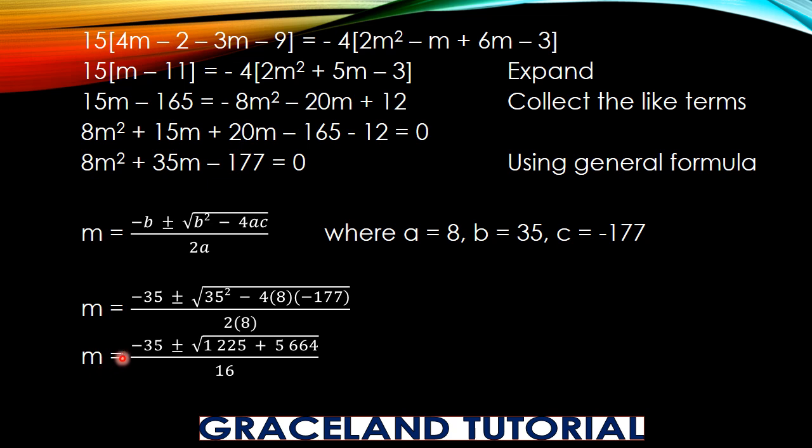So m will be equal to minus 35 plus or minus 35 squared is 35 times 35. 35 times 35 is 1,225. Minus times this minus will give us plus. And when you multiply 4 times 8 and times 177, it will give you 5,664. 2 times 8 will give us 16.